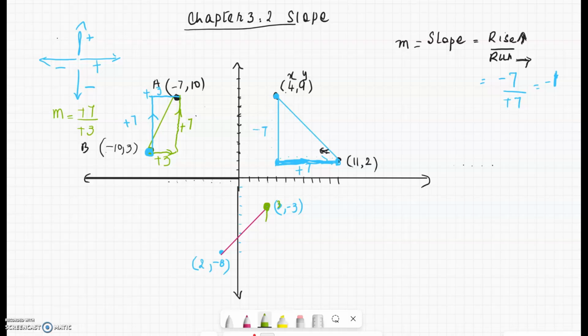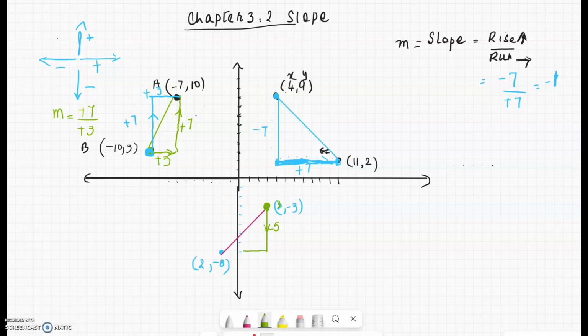Let's say I go down by 1, 2, 3, 4, 5 units. So down by 5. When I go down, it's a negative. We're going in the negative direction, so it's a negative 5.